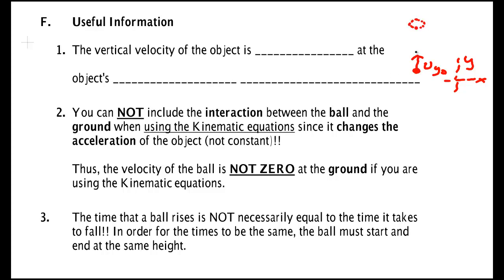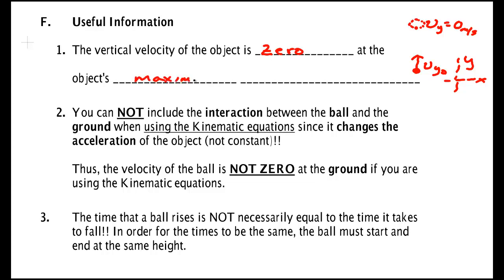As it goes up, it slows down because its acceleration is in the negative y direction, opposing the velocity, until it reaches some maximum height. At that point, we know that the velocity upward is 0. So the vertical velocity of the object is 0 at an object's maximum height.